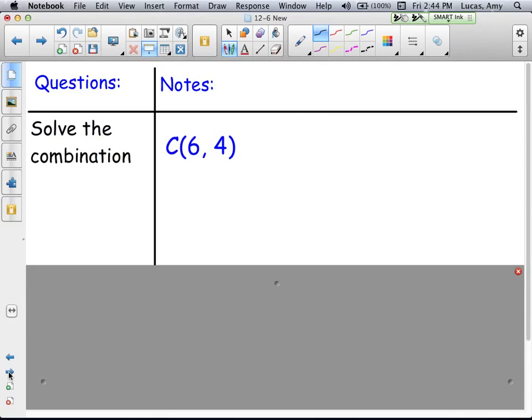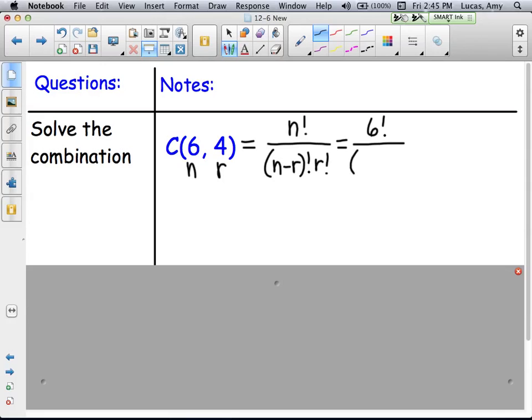Next, we have some combinations. Remember, the combination formula looked like a permutation formula, but then they threw in an r factorial in the denominator. So 6 factorial divided by 6 minus 4 factorial times 4 factorial. And 6 minus 4 factorial is 2 factorial.